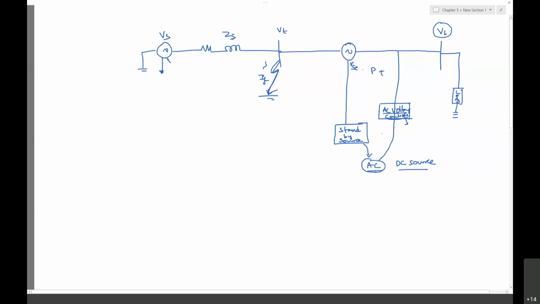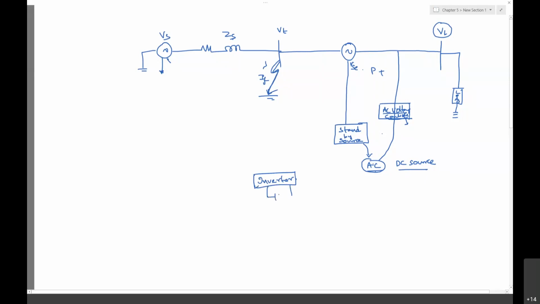Instead of that, if we want to integrate a standby AC source to an AC grid, we can go for inverter applications. In the inverter, the input should be a DC.